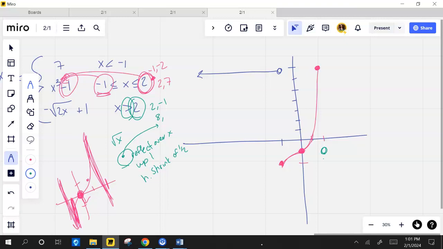Square root of 16 is 4. Negative 4 plus 1 is negative 3. You can pick whatever x you want as long as the x you pick is bigger than 2. If you don't pick a perfect square, then it's going to be a decimal. But it doesn't matter. 1, 2, 3, 4, 5, 6, 7, 8.